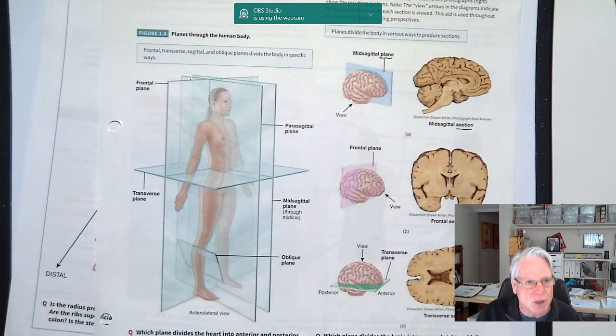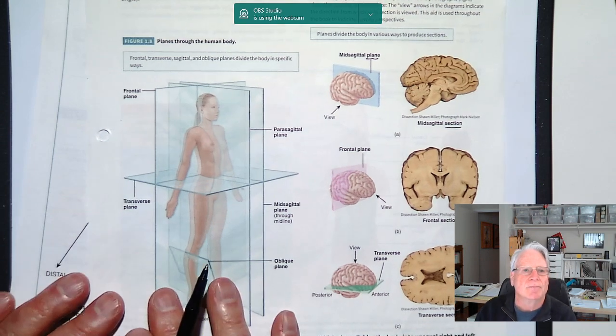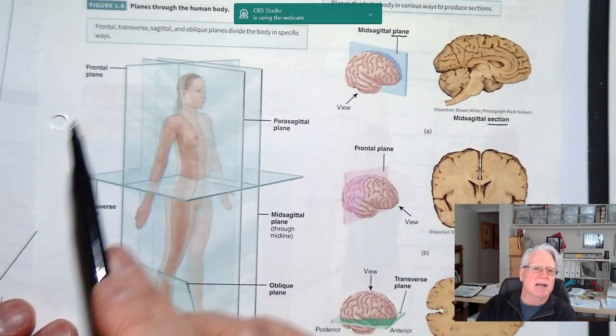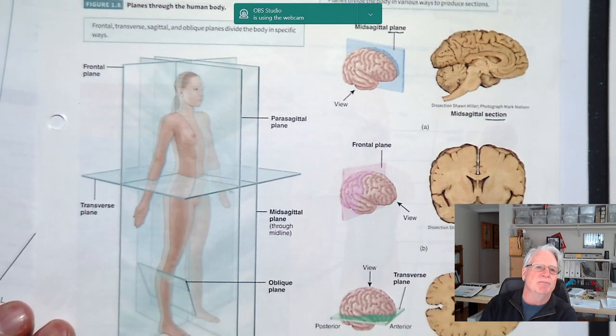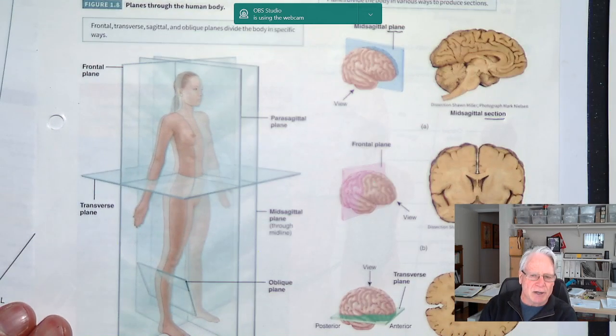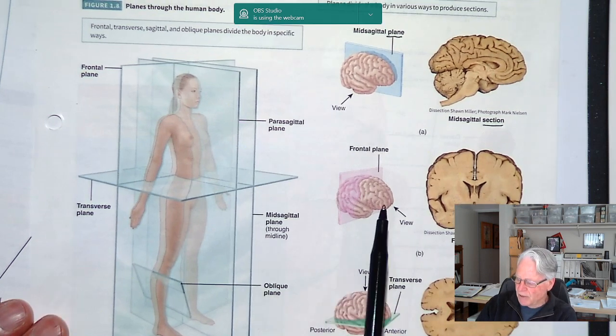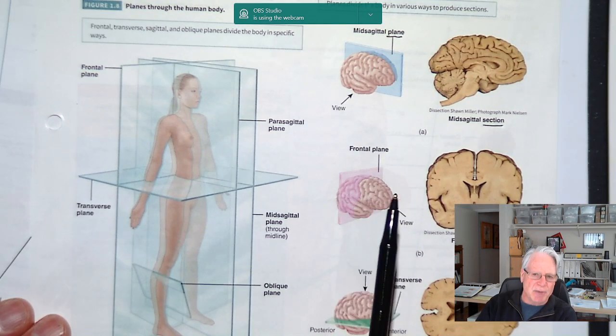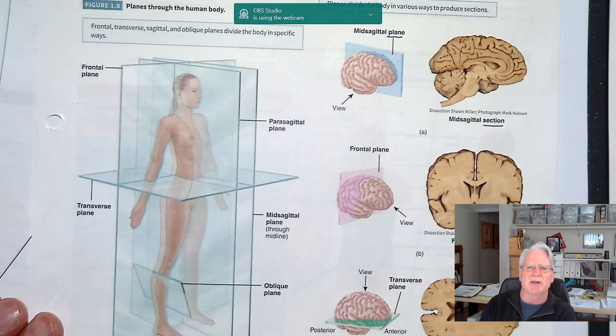Okay? So frontal plane. A frontal plane is going to divide the body into an anterior and posterior part. Or, if we divide an organ into an anterior and posterior part. Doesn't matter. It could be the entire body. It could be one of the organs in the body.